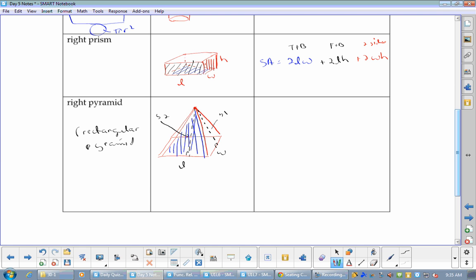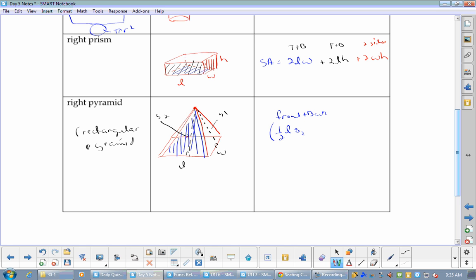So, for the front, it would be 1/2 L times S2. That's just the front. But what if I want the front and back?